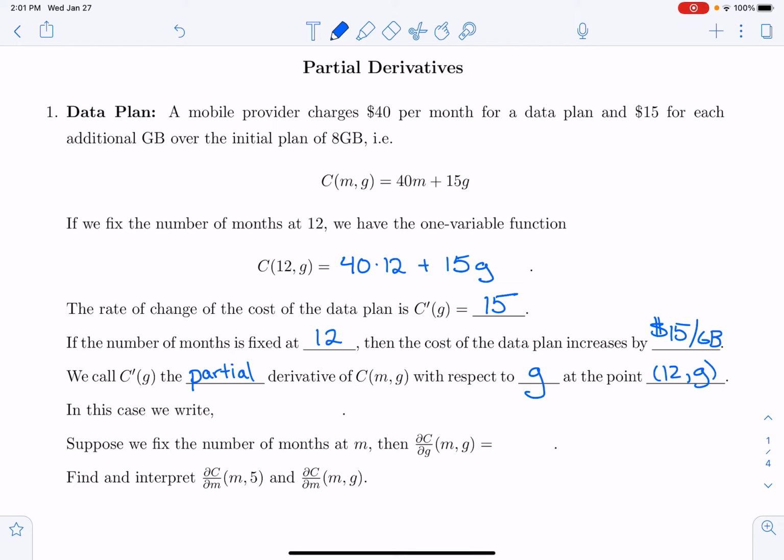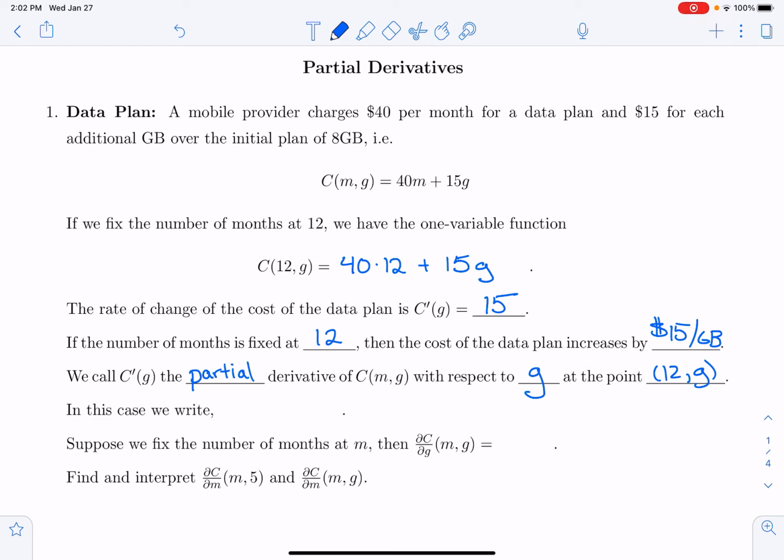So when we fix the number of months for this data plan at 12 months, that allows us to take the derivative of a single variable function, and so we're going to call that the partial derivative. Now there's a special notation for the partial derivative.